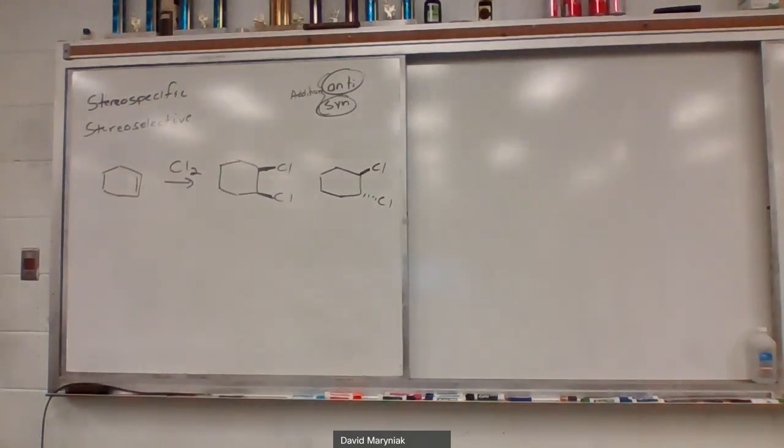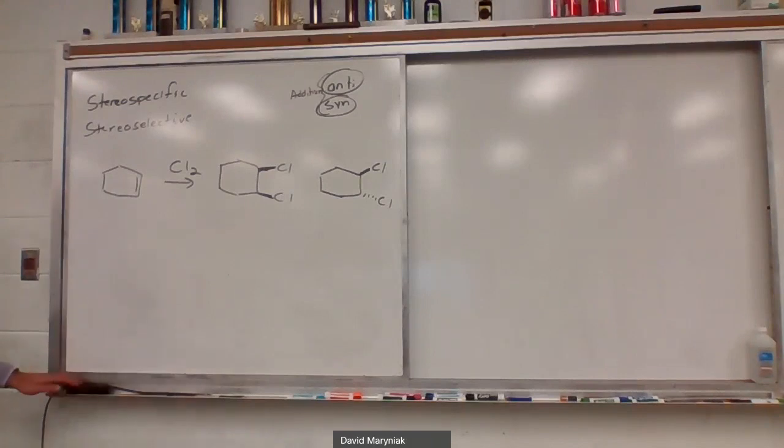If you get one only, then the reaction would be called what? Stereospecific, because you only get one. If you get a mixture of both, but you get a predominance of one over the other, stereoselective.